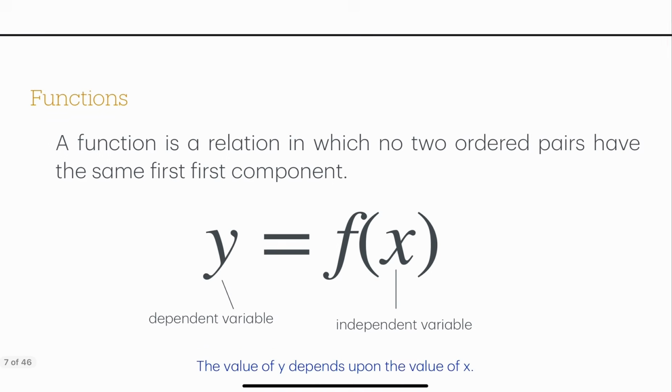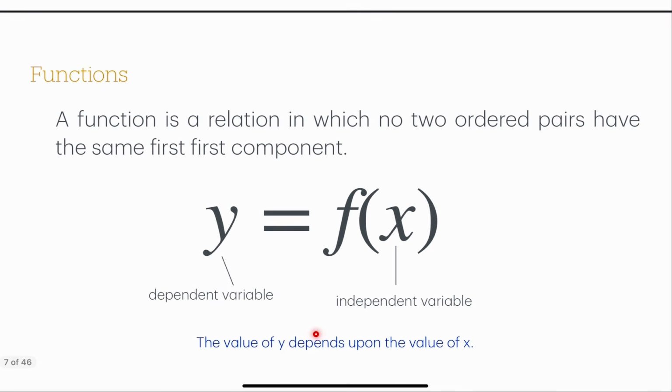So meaning the value of y here depends upon the value of x. So to evaluate functions or to find the value of functions, we are simply to input values of x to the given function to find the corresponding value of y.